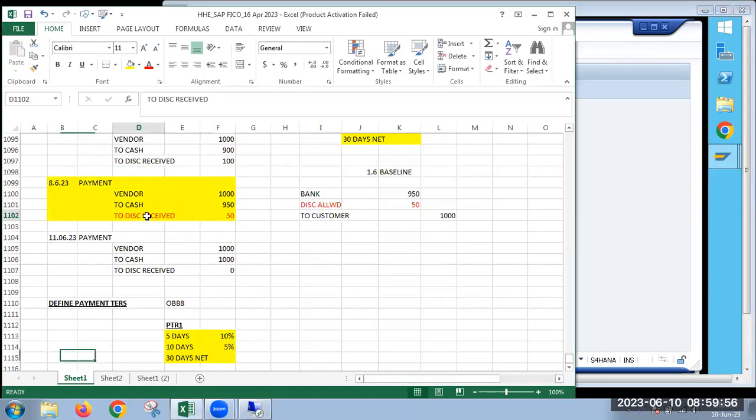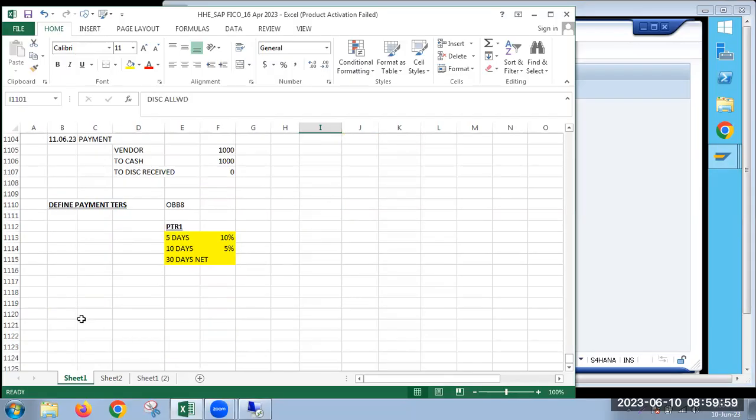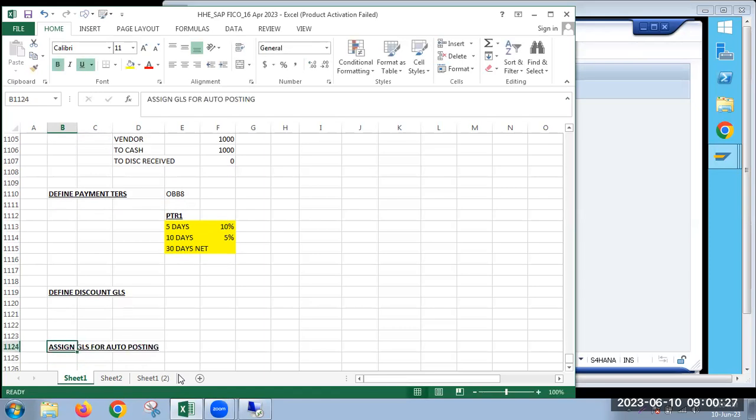We have to create these two accounts, and we have to assign them for the automatic transactions. First, we have to define discount GLs. Our next configuration will be to assign GLs for automatic posting. So at configuration level, these two things we also have to do.